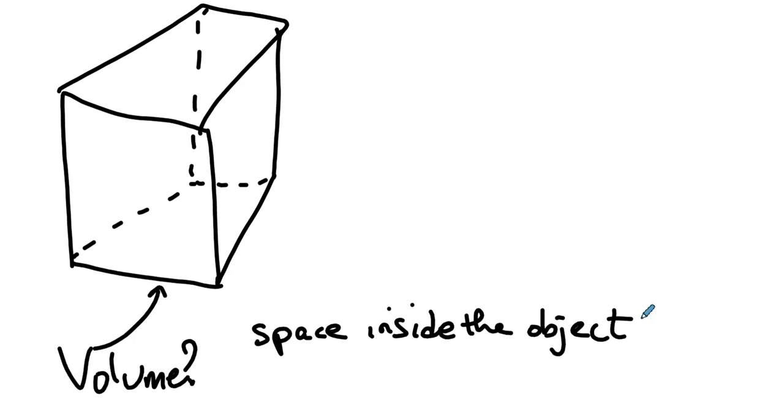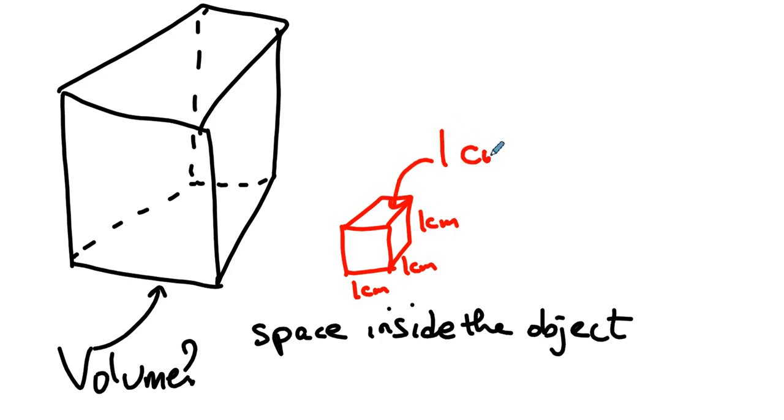Well, we measure all the sides in some linear measurement, inches, centimeters, feet, whatever. So we think about 1 cubic unit of that length. So if we measured in centimeters all the way around, we picture this object that happens to be 1 cubic centimeter.